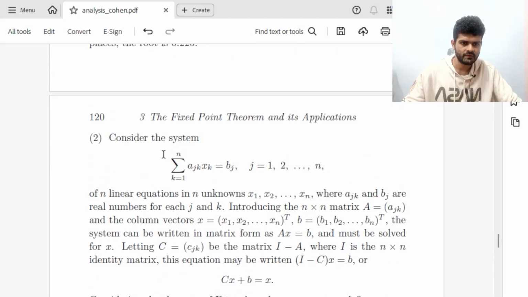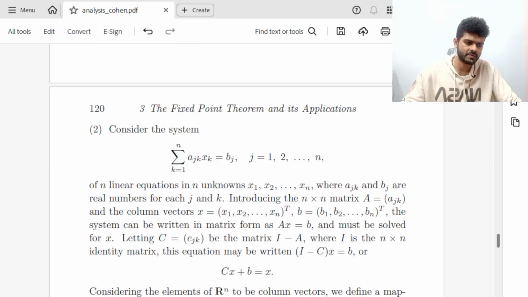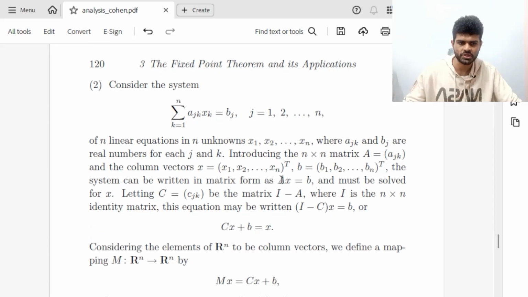If you have a system of linear equations, you can write it as Ax equal to b, right? But you can also write this in another form by introducing a matrix C, which is I minus A, where I is the identity matrix.